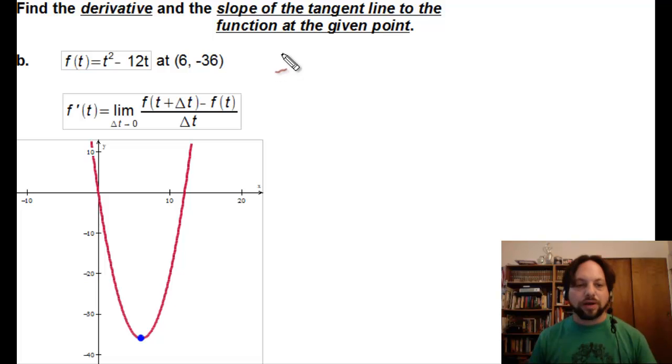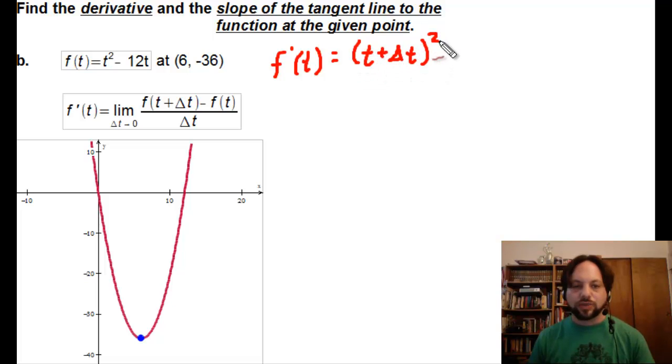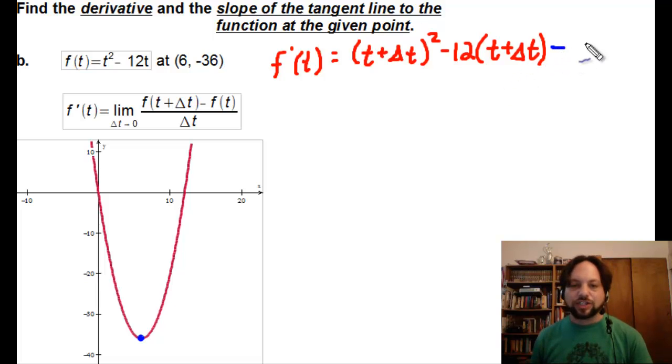If I plug t plus delta t into f of t and work on finding the derivative, it's going to look something like this. I will write t plus delta t quantity squared minus 12 quantity t plus delta t. That's simply the first part of the definition of a derivative, and then I'll just subtract my original function, t squared minus 12t.